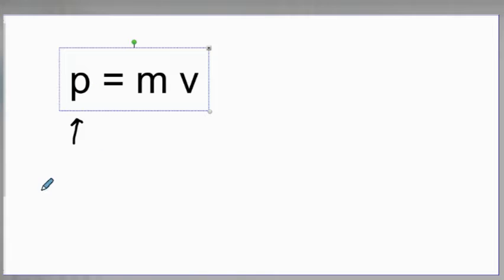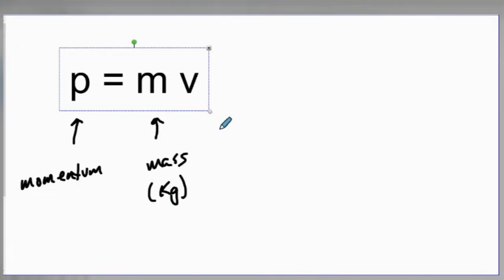So the momentum is represented by a lowercase p. That's the symbol for momentum. And it is the mass of the object, represented in kilograms, times its velocity. Now, we need to remember that velocity is a vector.